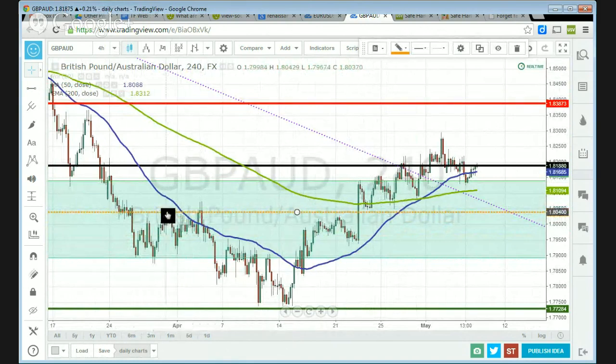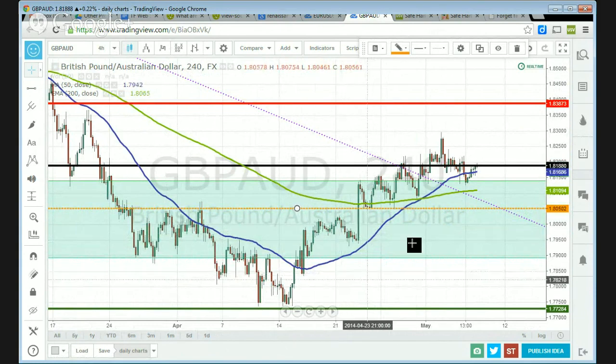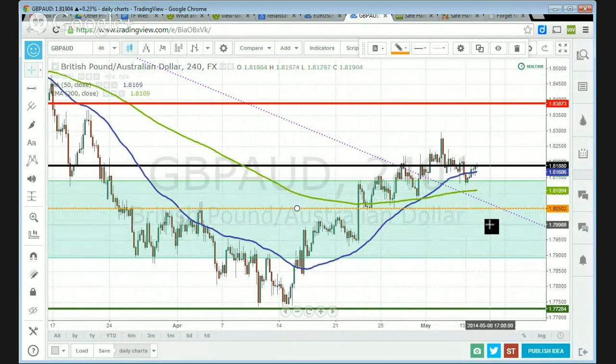So on the 4-hour chart, it's a little more apparent. Once price closes at or below 80.50, then I will move my stop to break even, from here to here, and then the trade will be de-risked.